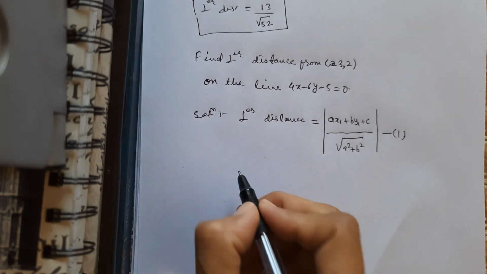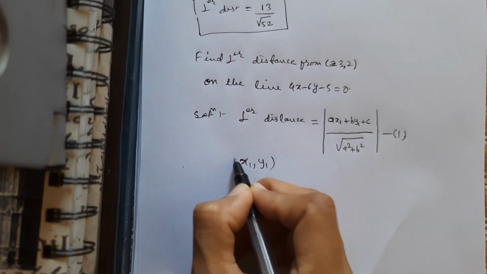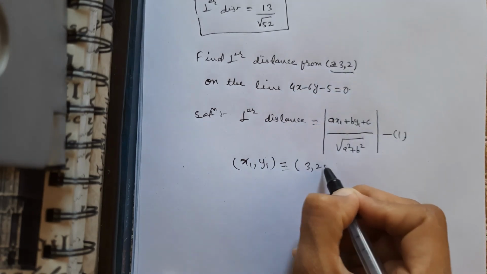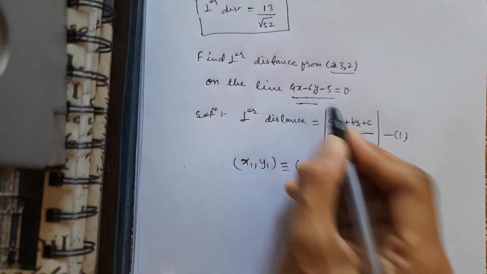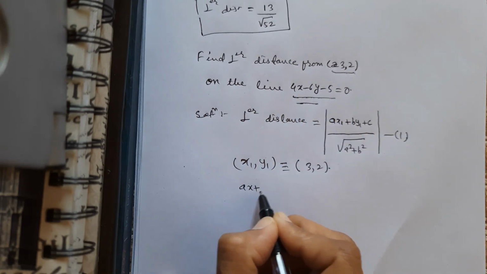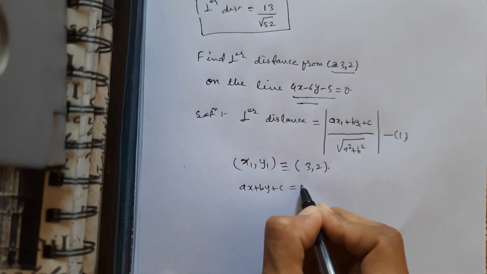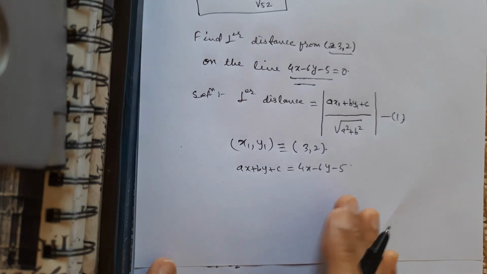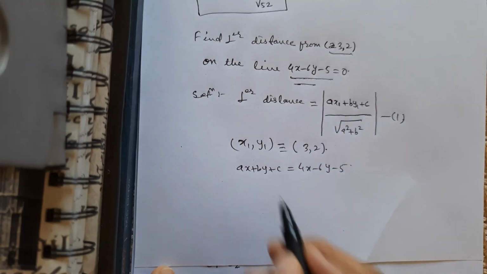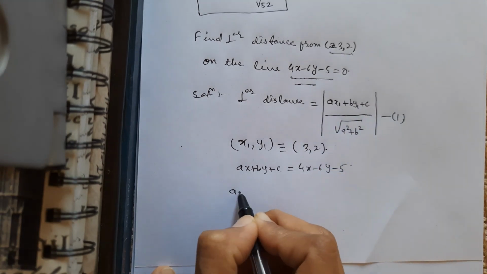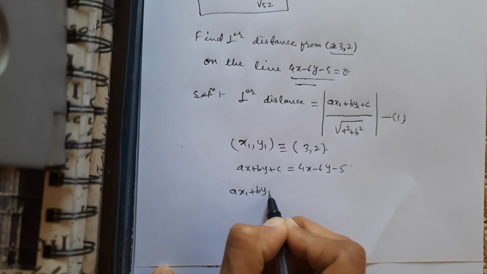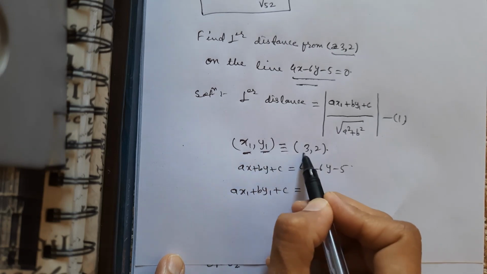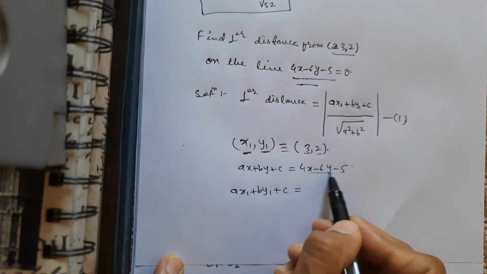Now x1, y1 is given to me as 3, 2, and the equation of the line is given as ax plus by plus c, 4x minus 6y minus 5. So I'll find the numerator for equation 1. ax1 plus by1 plus c equal to, I'm just substituting the values of x1 and y1, 3, 2 in this equation.